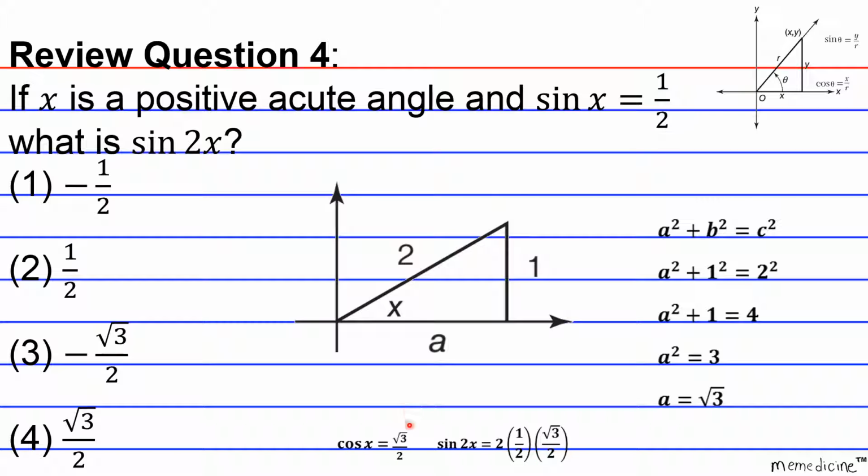That's what we just figured out. And this works out pretty neatly because the 2 here cancels with the 2 in the denominator. And so our sine of 2x is equivalent to radical 3 over 2. So the correct answer choice is answer choice 4, okay?